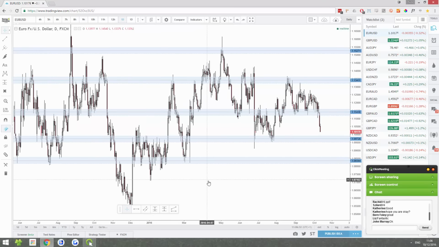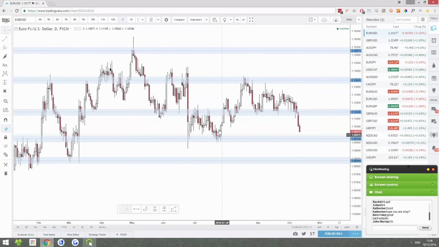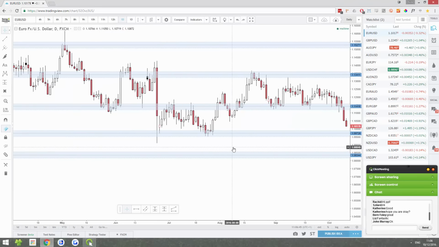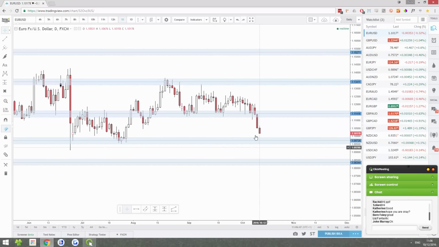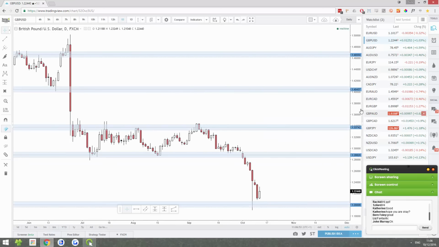It is a pretty significant level. It hasn't really been below that for a significant amount of time since Brexit. So we had that drop from Brexit, and yeah, it hasn't been below that since. So I would expect some pretty heavy support at this level. So keep an eye on that, but it's not there yet. So no potential setup there.